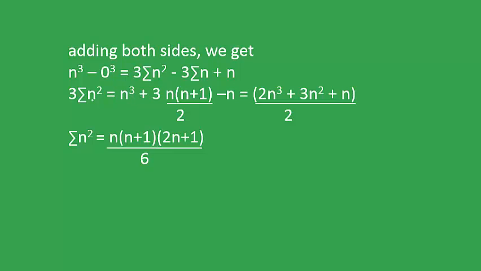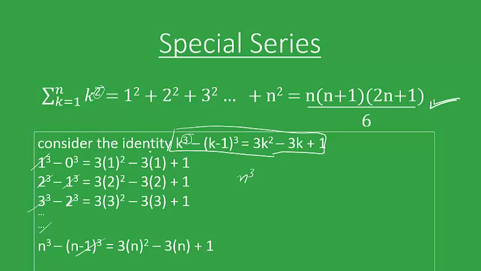We have just manipulated this and taken 3 sigma n square to the LHS. After simplifying this expression, we have 2n cube plus 3n square plus n. After factorizing this, we have sigma n square equals n into (n plus 1) into (2n plus 1) upon 6.